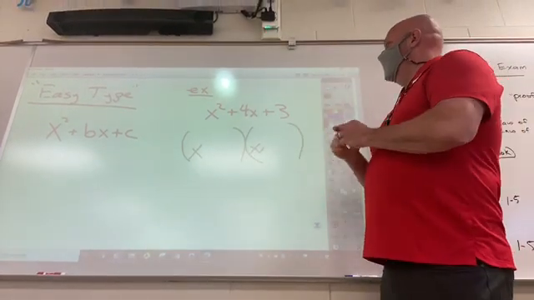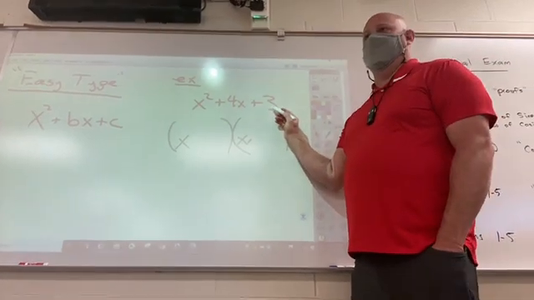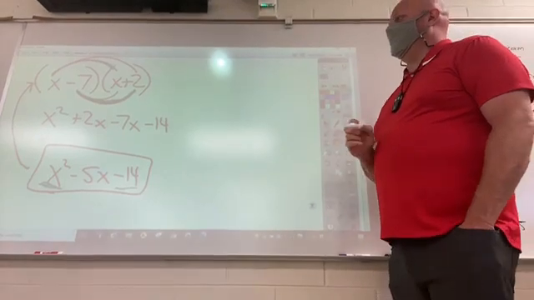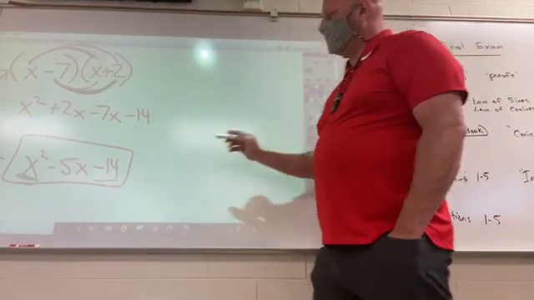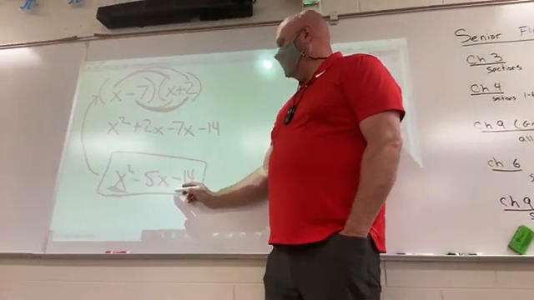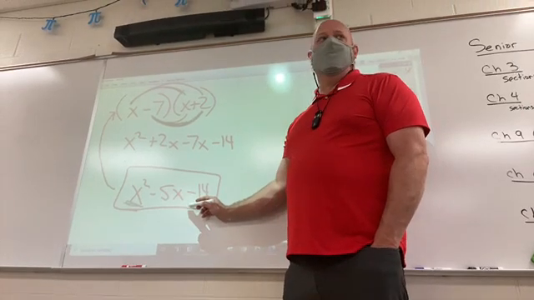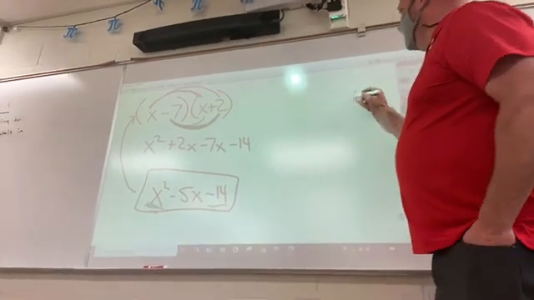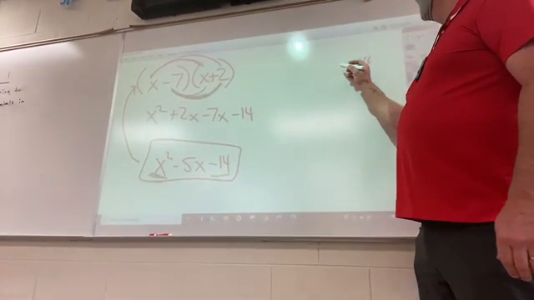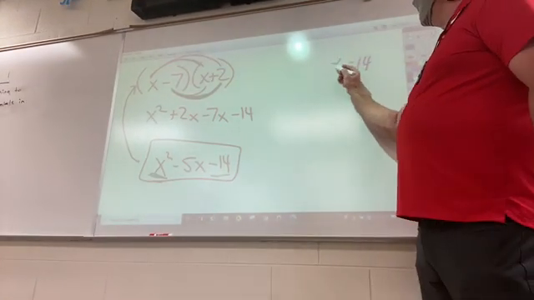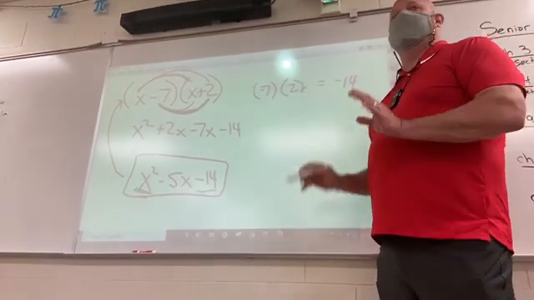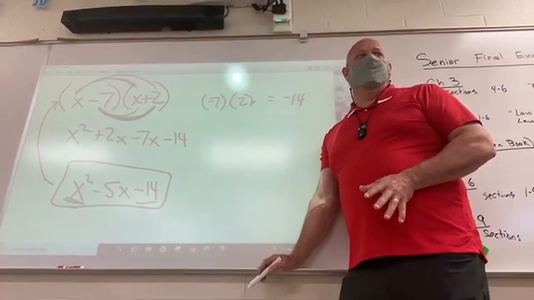And then the question is, where's the 3 going to come from? Where's the 4 going to come from? Well, in a problem like this, we've got to think, where did the negative 14 come from? It came from the negative 7 times the positive 2, right? That's where it came from.